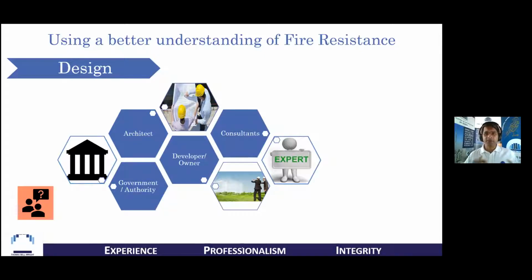And throughout the flow of various stakeholders, as an example, what you see on your screen, these hexagons in blue are the people who are involved much more at the design phase.